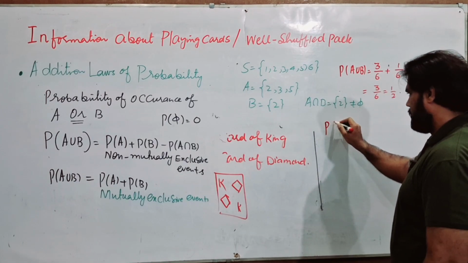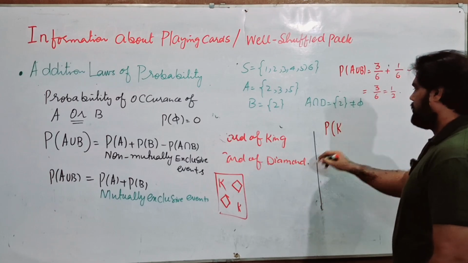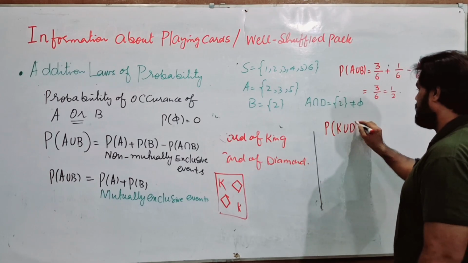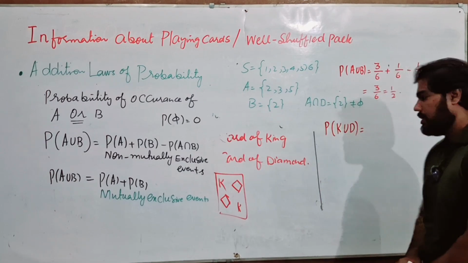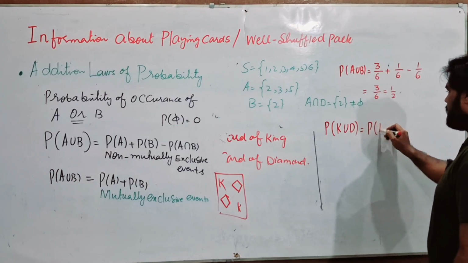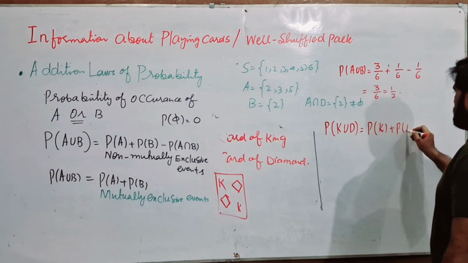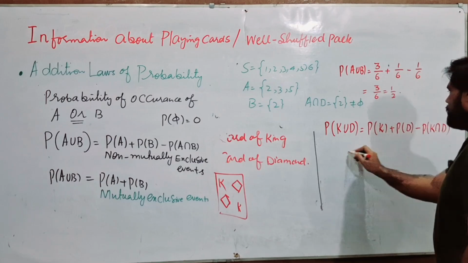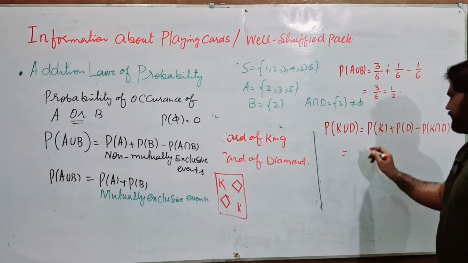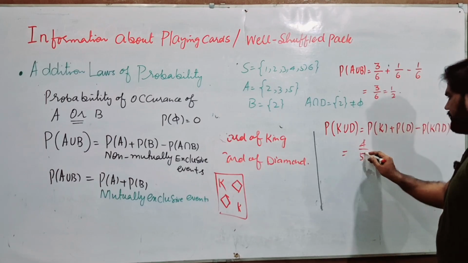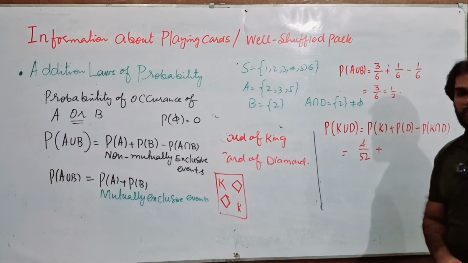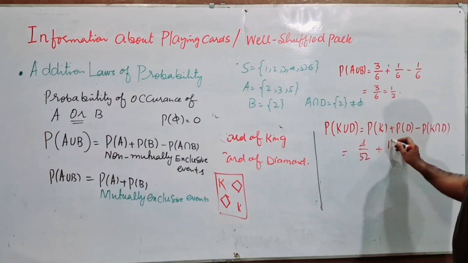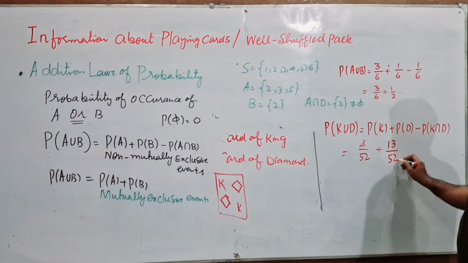If K is king and D is diamond, we have to find probability of K union D. This can be opened as probability of K plus probability of D minus probability of K intersection D. How many kings are there? There are 4 out of a total of 52. How many diamonds? There are 13 diamonds out of 52, minus.